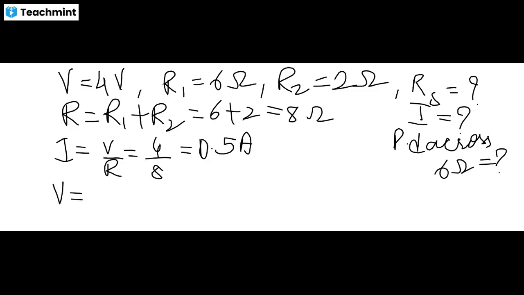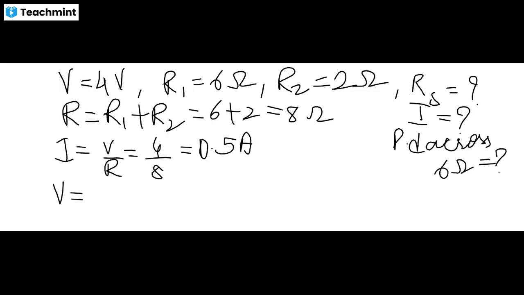And potential difference across 6 ohms. They are connected in series, so for equivalent resistance you take 6 plus 2.